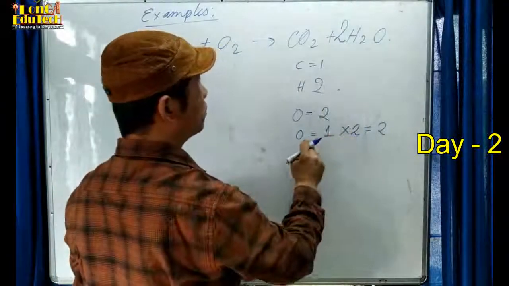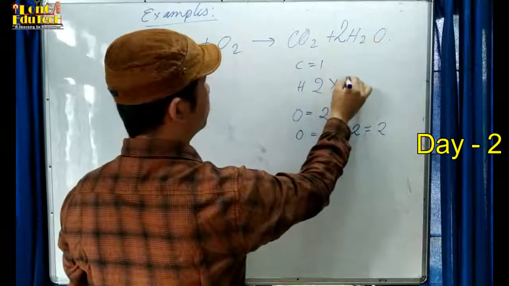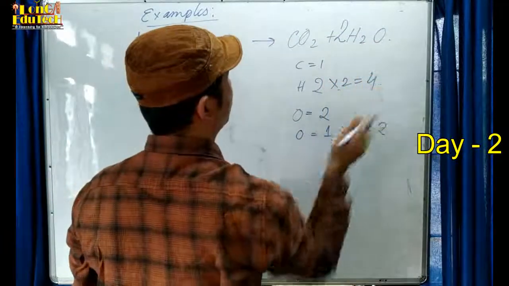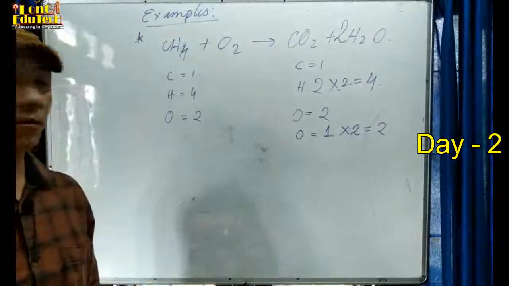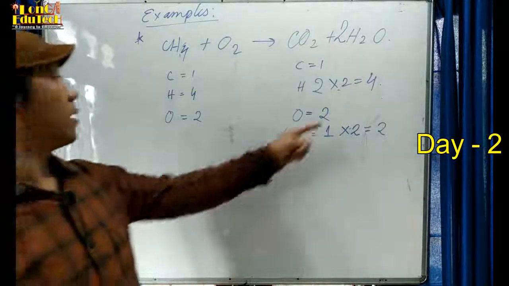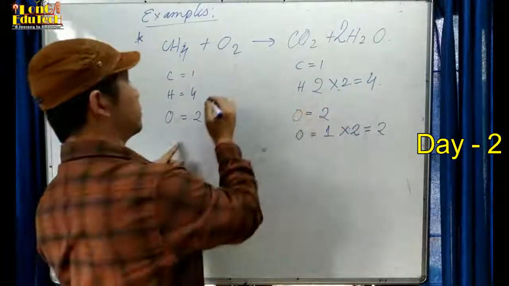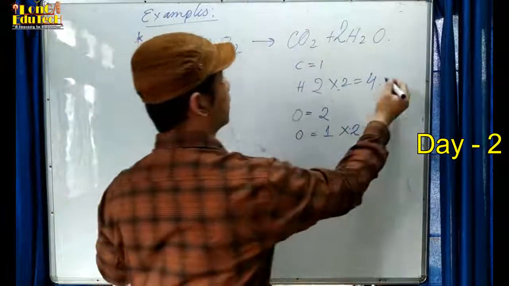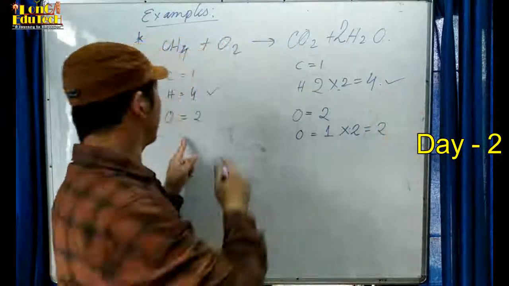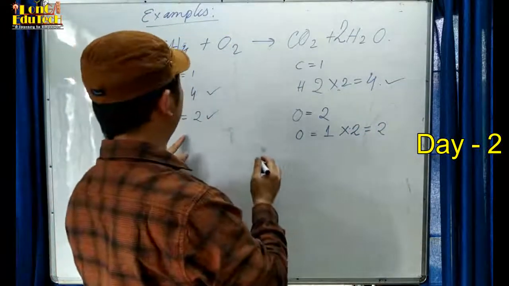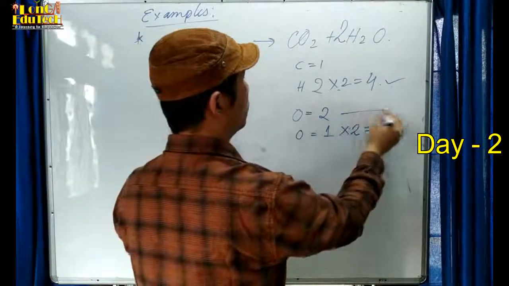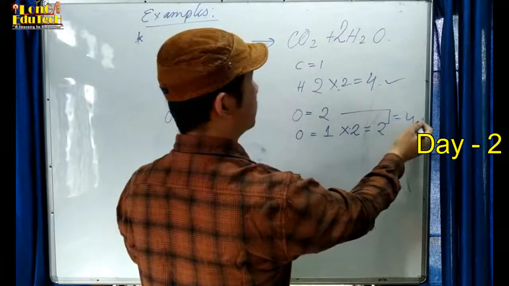This oxygen is along with whom? Hydrogen, right? So here also you multiply with 2. 2 twos are 4. Fine, no problem, right? And then here the hydrogen number is automatically 4, here also 4, right? Oxygen: here 2 plus 2, how much? It is 4, right?